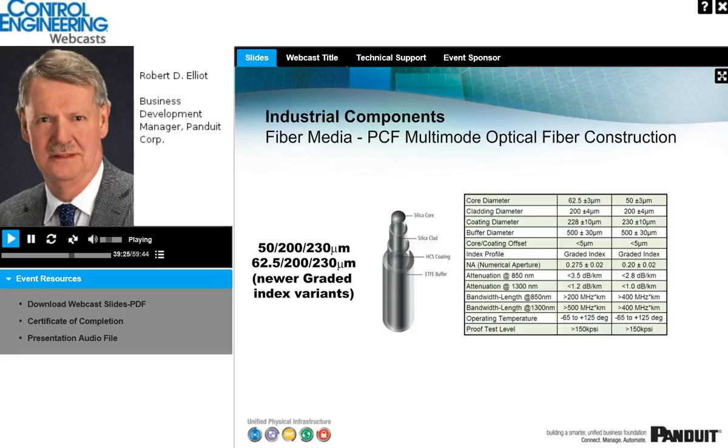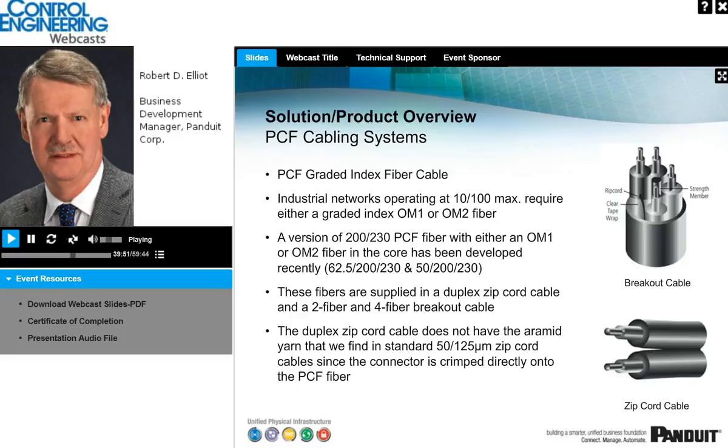Also want to mention the other type of fiber we talked about. That's PCF, polymer clad fiber. The diameter of the cladding, of course, is significantly larger. It's now 200 microns, rather than the 50 that we saw before. And that really aids and helps the installation of the optical fiber.